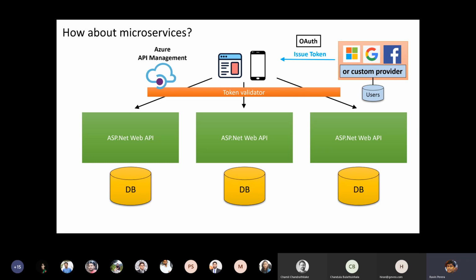So this is where the topic of this presentation comes in, the Azure API management. Using Azure API management, with just some simple XML configuration, we can get the token validator up and running. So API management will act as the gatekeeper.